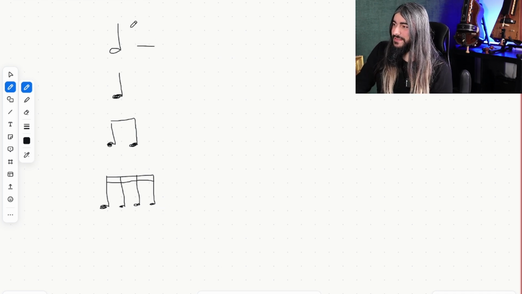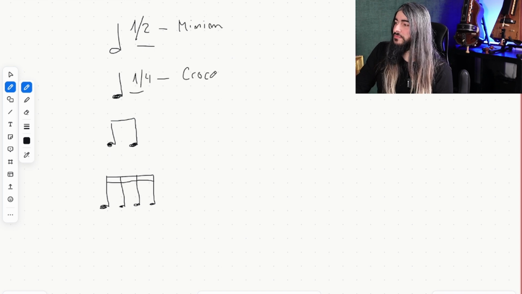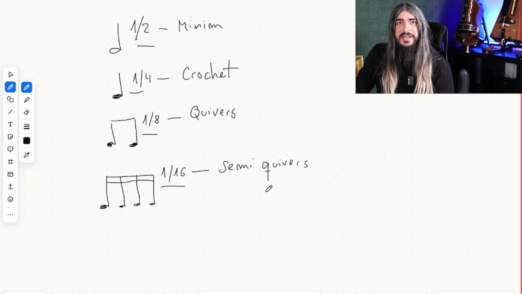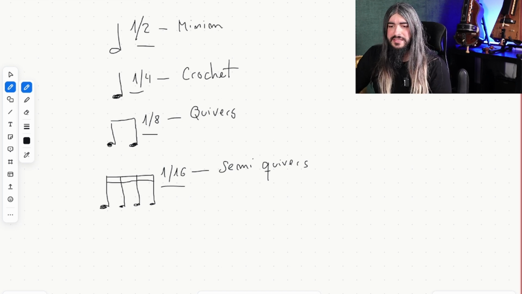So let's write the names. Do you remember? Yes, you do. Half note or minim. This is what you have been learning all your life, right? In school they were teaching you this, and I promised this was going to be a little bit different.